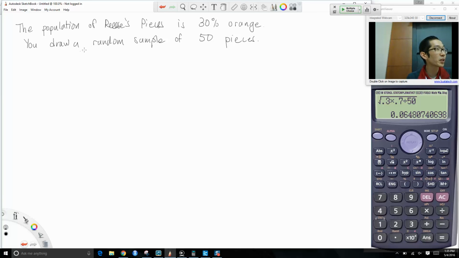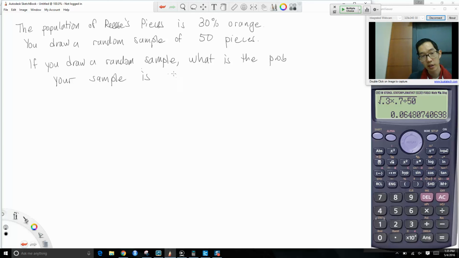And knowing that the sampling distribution follows a normal distribution, if you draw a random sample, what is the probability your sample is 36% orange or more? And these are just going to be approximate answers.